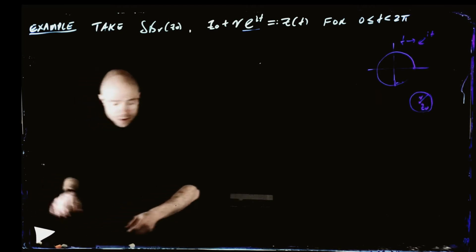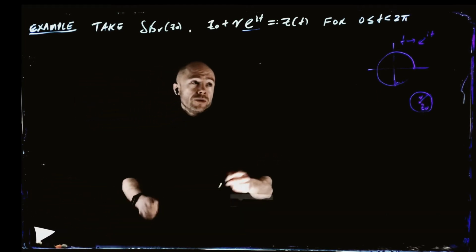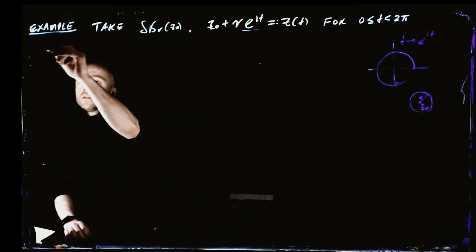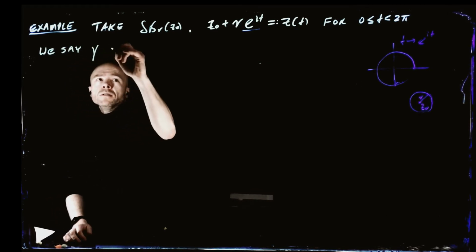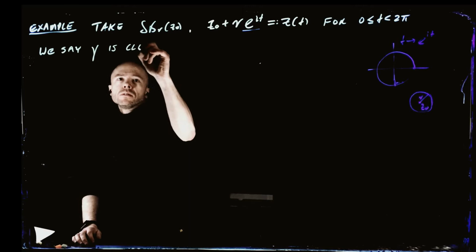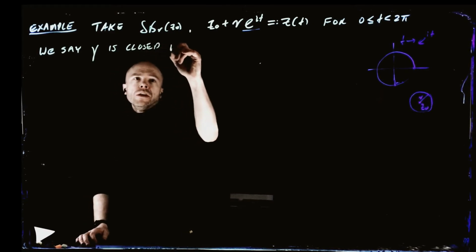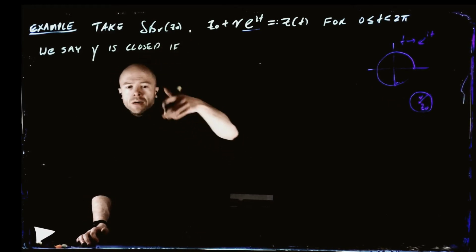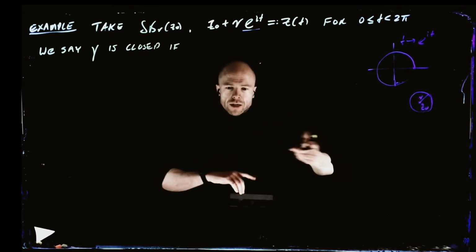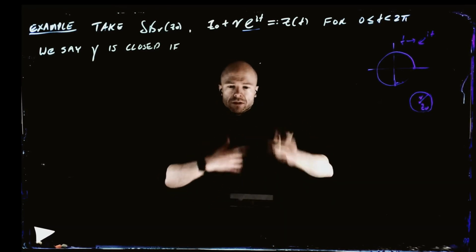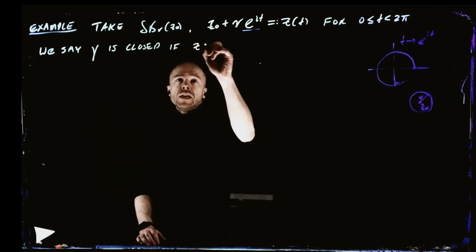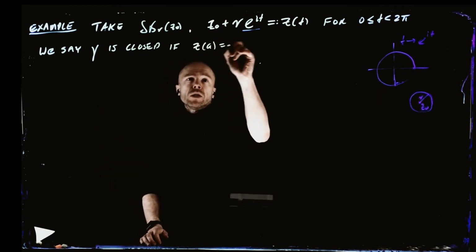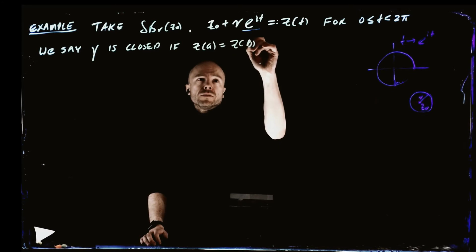Okay, this is also an example of a closed curve. So we say gamma is closed. From now on, when I say gamma, I'm going to start talking about a parameterization that is one of the parameterizations in its equivalence class. So if z of A equals z of B, okay?